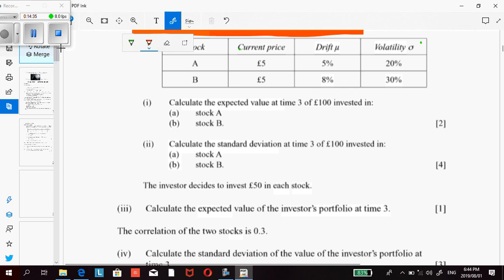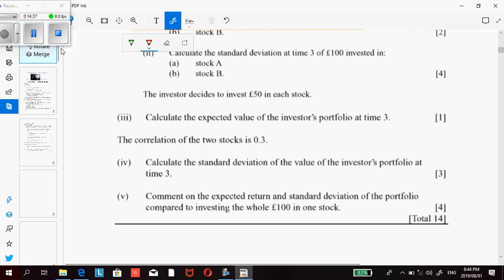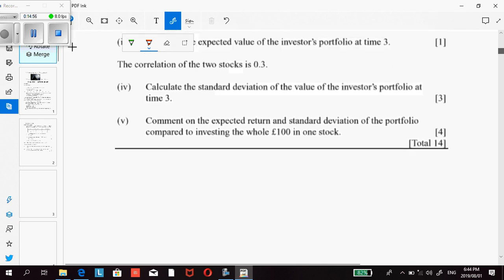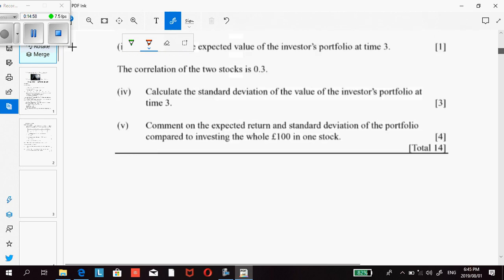So for part A, I'm looking for the expected value, given the initial share price and given that the share prices come from the log normal model.